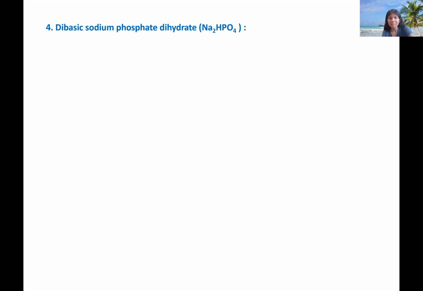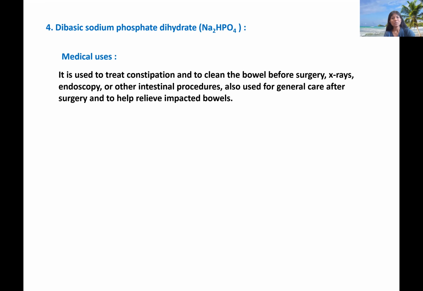Next is dibasic sodium phosphate dihydrate. It is also used to treat constipation, to increase bowel movement, or to clean our bowel before surgical procedures, before a colonoscopy, or for care after surgery to help relieve bowel movements.